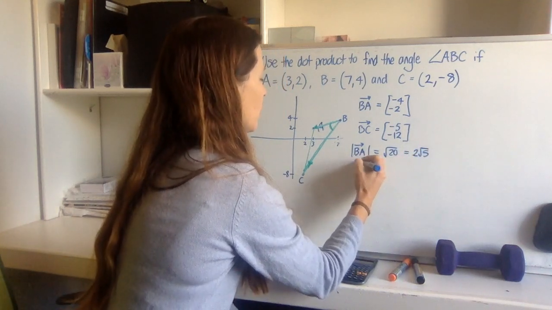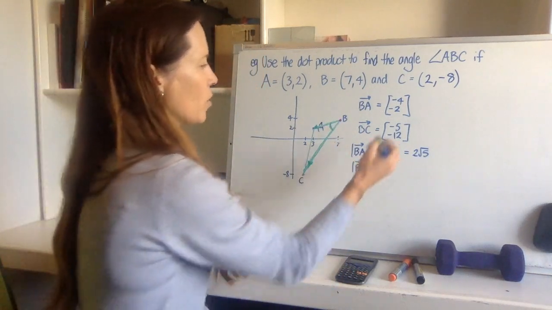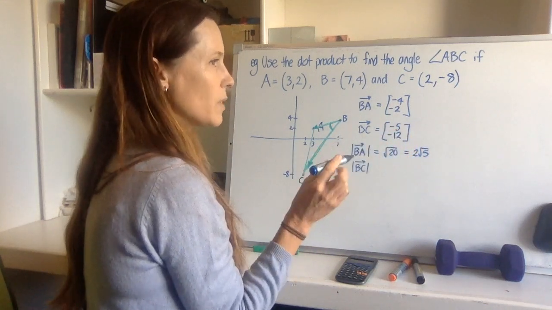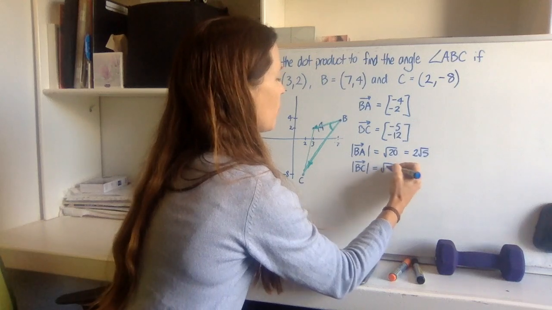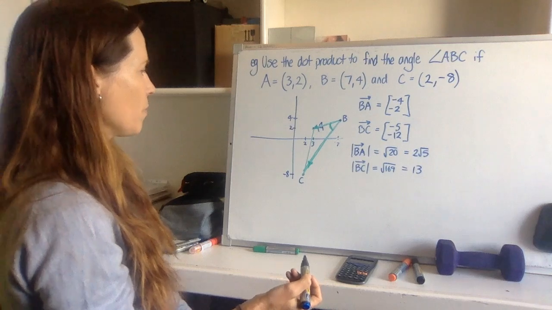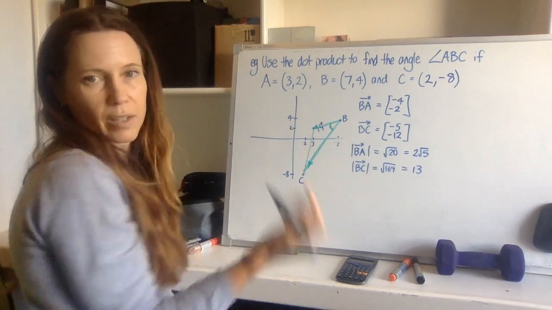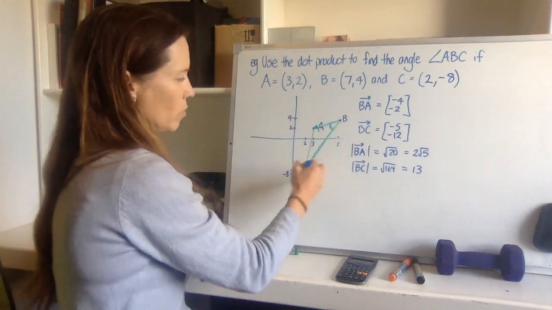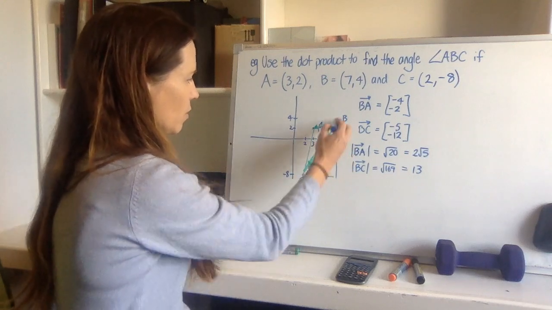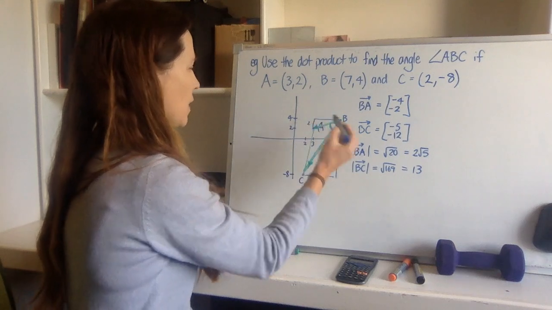And to find the absolute value of this one, we need to do 25 plus 144, which is 169, and the square root of 169 is exactly 13. This is a 5, 12, 13 triangle. And just checking that it looks right, this is 12, this is 5, so sure enough, if you like the method of finding these where you just sketch it, we've already got a sketch. So we can picture that we've got 12 here and 5 here, and for this one we can see that we've got 2 here and we've got 4 there.